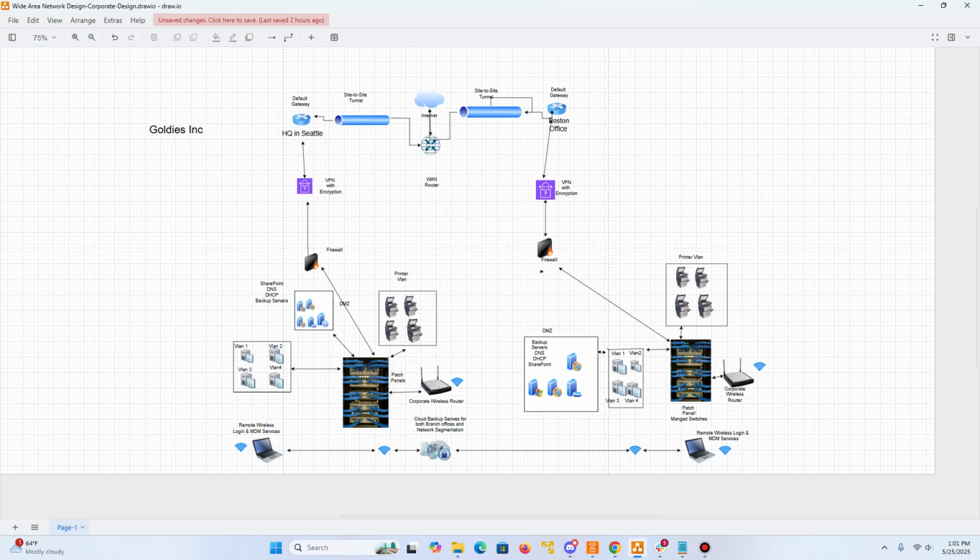And then if we look to our left, we have our VLANs. I truncated this down to 4 VLANs, but we have more VLANs than this. We have VLAN 1, which is accounting. We have VLAN 2, which is marketing. We have VLAN 3, which is human resources.